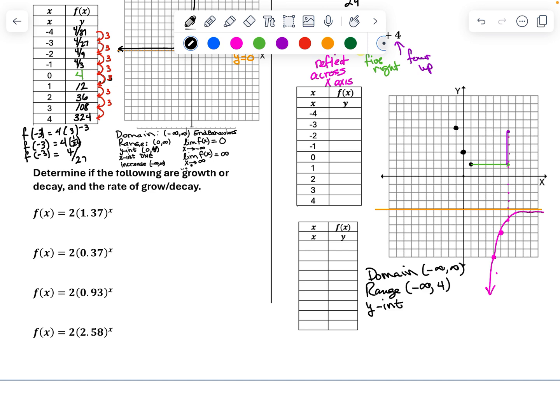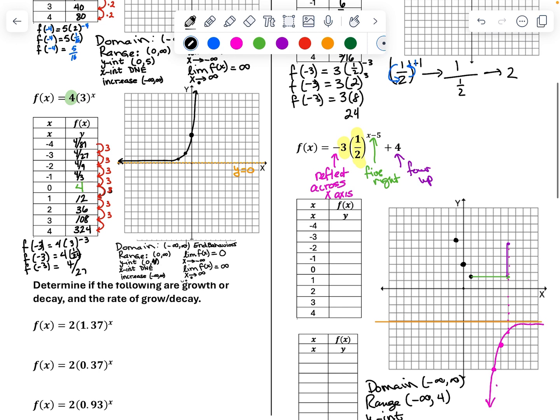is when x is 0, correct? So if we put 0 in for x, that's going to be negative 3 times 1/2 to the negative 5, plus 4. So that's going to be negative 3 times 2, 4, 8, 16, 32. That'll be 1/32 plus 4.